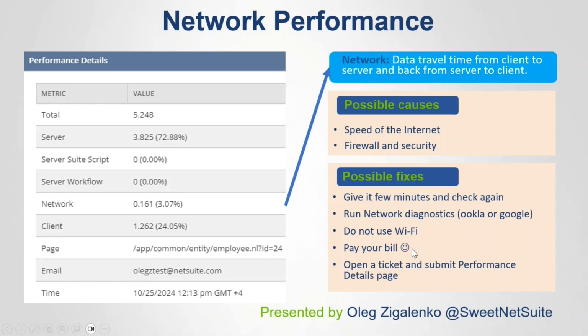Maybe you didn't pay your bill, and now you don't have internet. And of course, if the problem still persists after all this, go ahead and open up a ticket with NetSuite, send them this page, and hopefully they will give you a little bit more details from their side, see if there are any issues on their end as well, or maybe they can give you advice on how to go about fixing some of these problems.